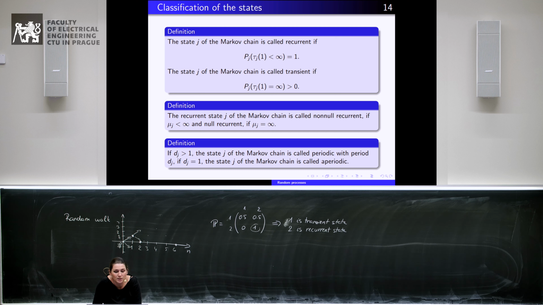It can happen only in some special situations, when the number of states is infinite. So we can discuss it in the exercise. We have no time for it now. But it can happen that even when we return to the state in finite time surely, with probability 1, the mean time of return is equal to infinity.